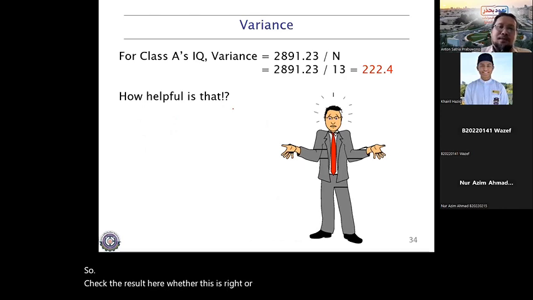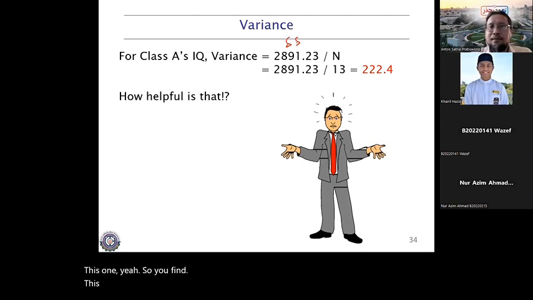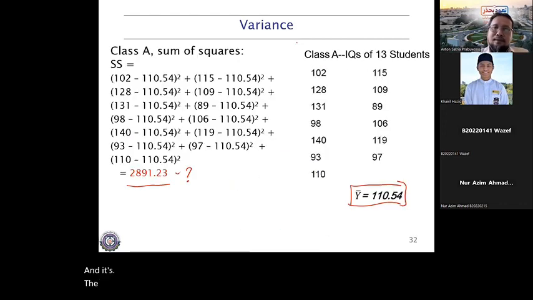So for class A IQ, the variance is this one. You find this is SS from the previous result divided by n, where n is the population, the number of students in total.